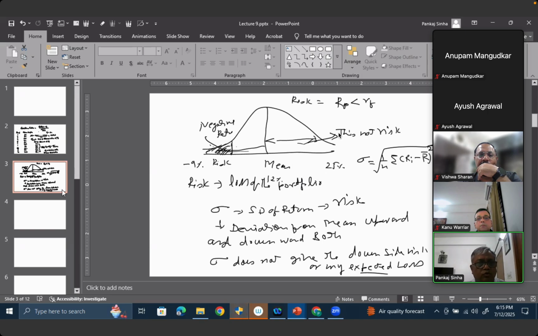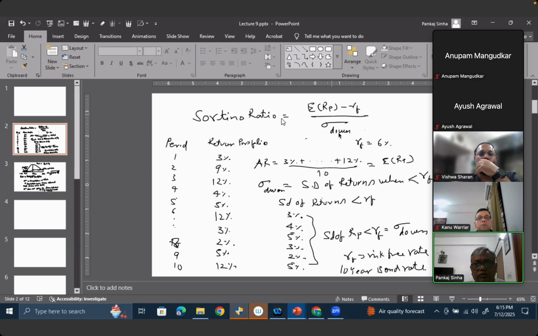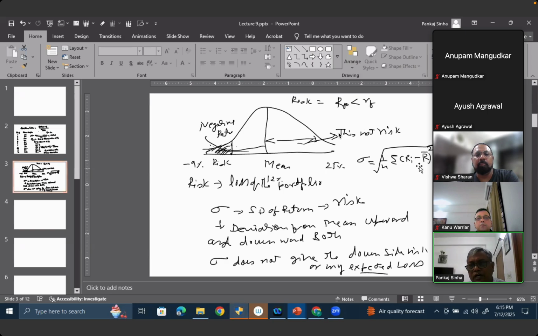Whenever you see the Sortino ratio, when your portfolio return is less than RF, this upper side will be negative. And standard deviation cannot be negative. It will always be positive. Because the formula of the standard deviation is that you are taking Ri minus R bar, you are squaring it, and then you are summing it, and then you are dividing it by n, and then you are taking the square root. So this quantity can never be negative.